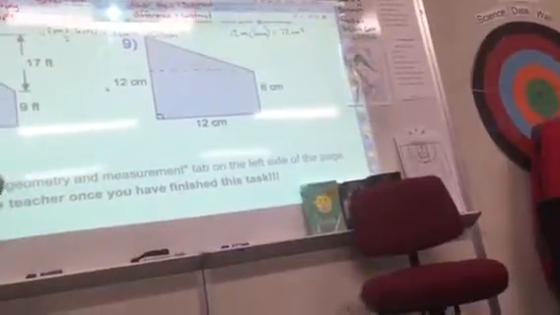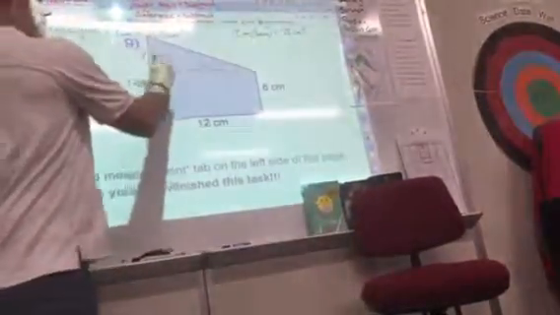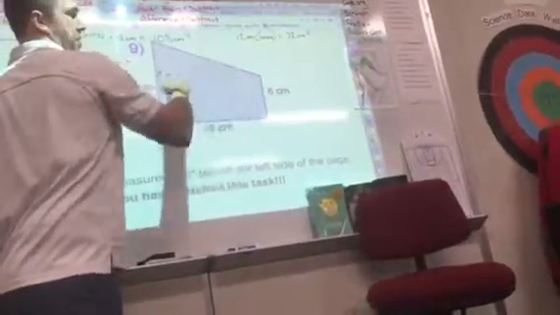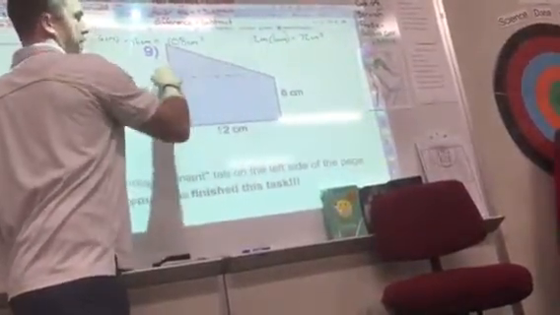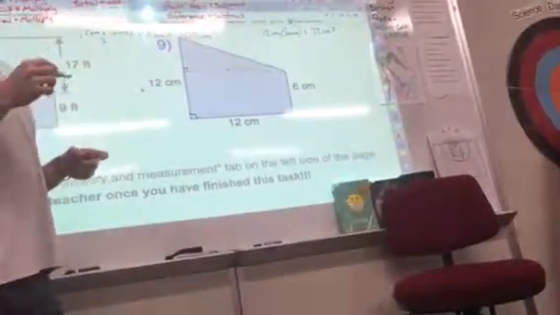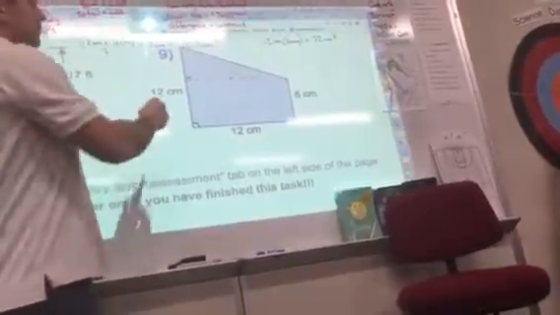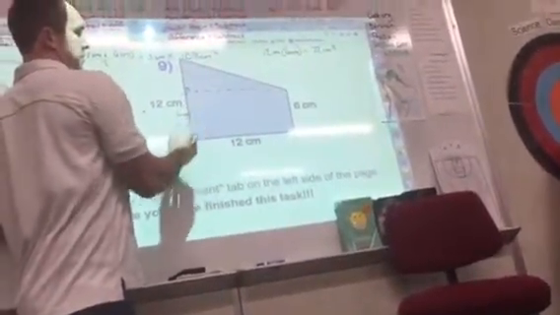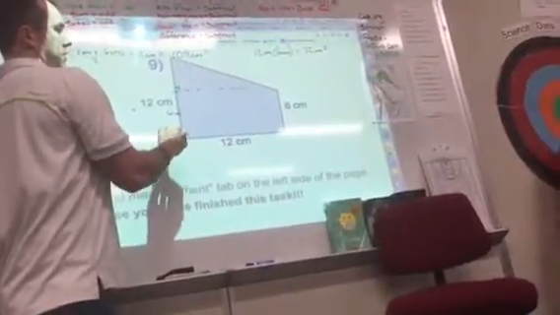Okay, how about my triangle? Here's my 90-degree angle. What's the base? How do I figure this out? That would be 6. How'd you get that, Brody? Because 12 minus 6 would be 6.